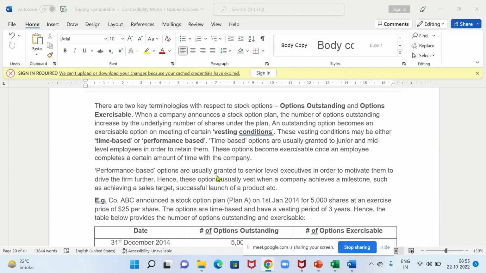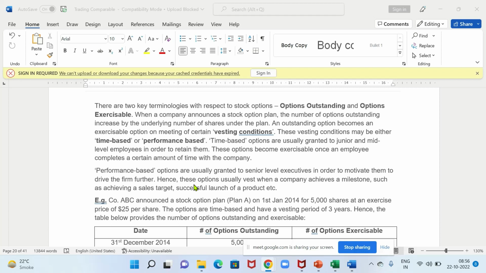So the company will say, I'll give you certain options provided you stick around with the company for the next 4 years, and subsequent to 4 years, those options will be converted to normal shares, and you will be allowed to acquire them. So these shares also are similar. They have a specific strike price. You would be issued, if that has a vesting period, generally it should be higher than the current market price.